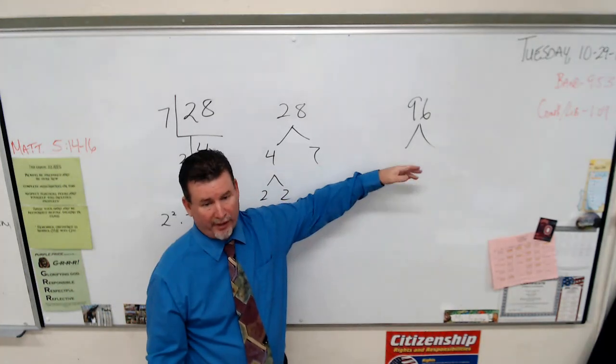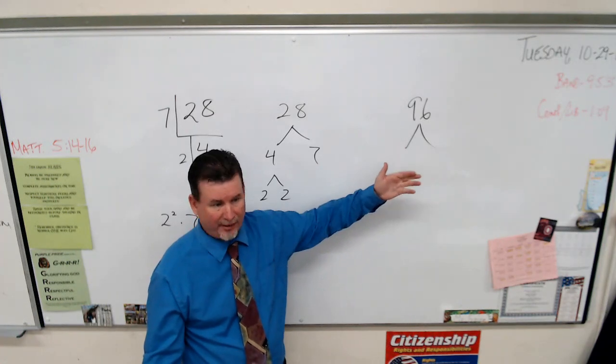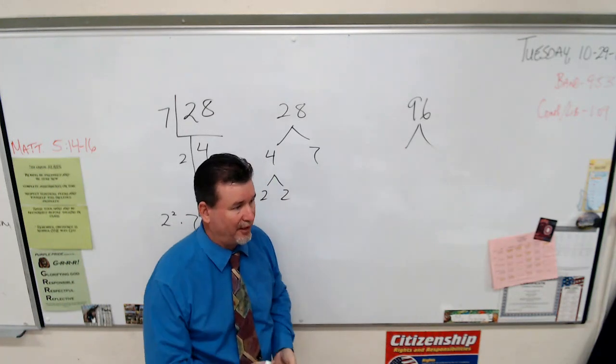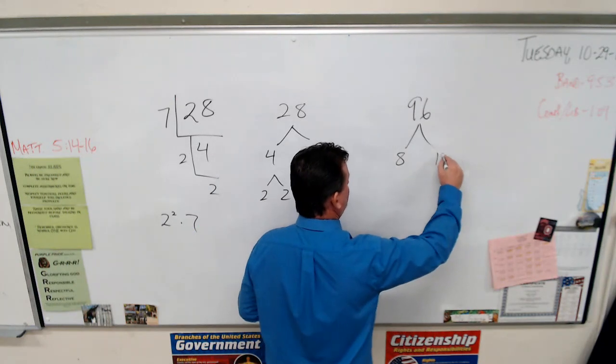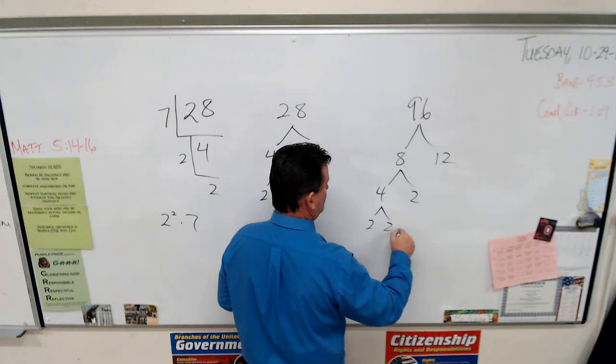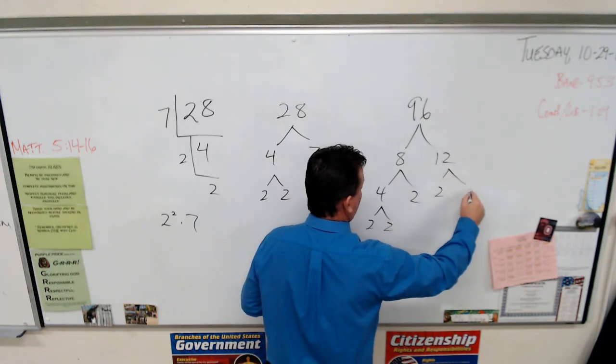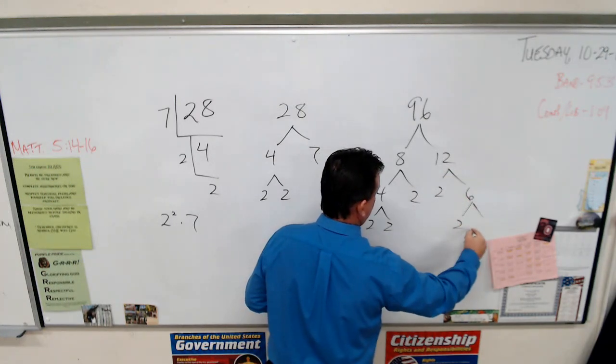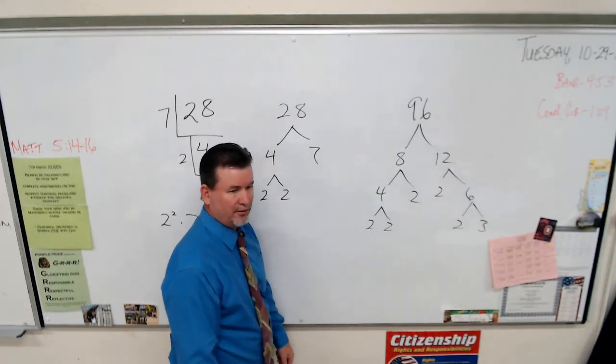You could have used 48 and 2, and had 2 just hanging there and done 48 all the way down. I'm going to do 8 times 12 because that's my times tables. 4 times 2, 2 times 2, 2 times 6, 2 times 3.